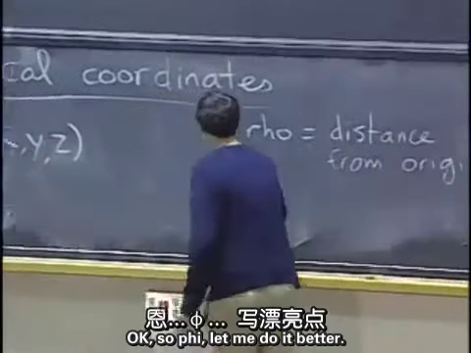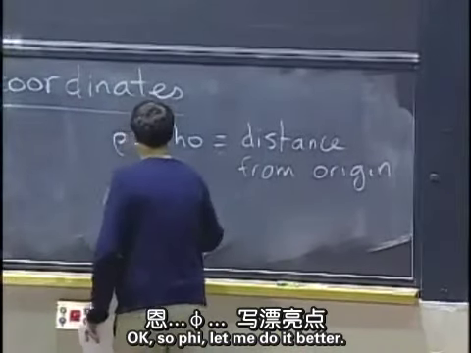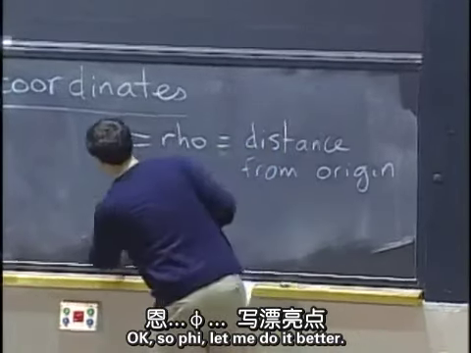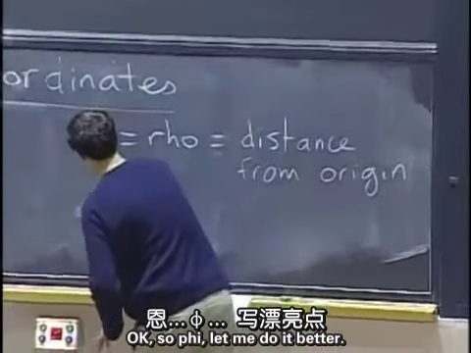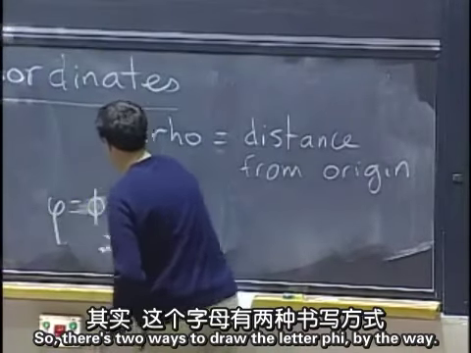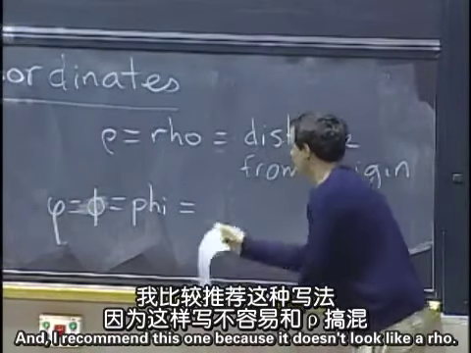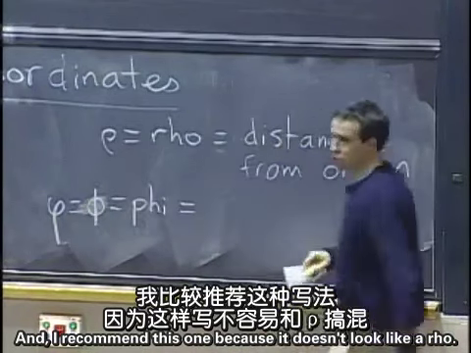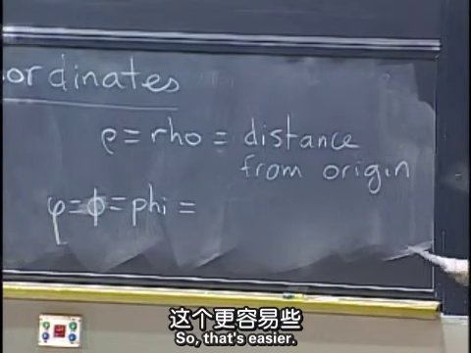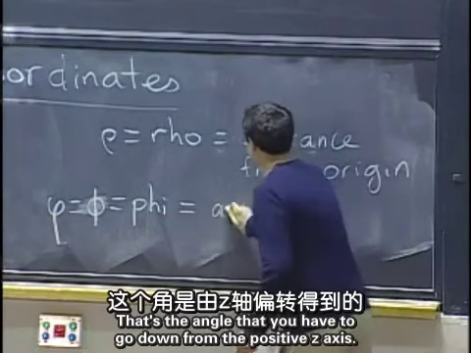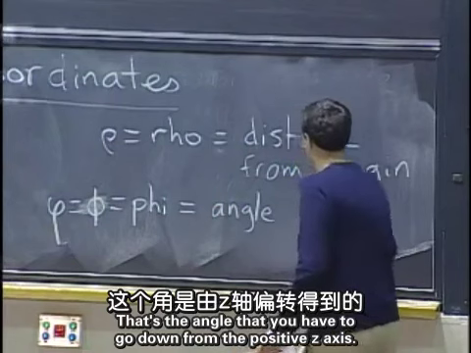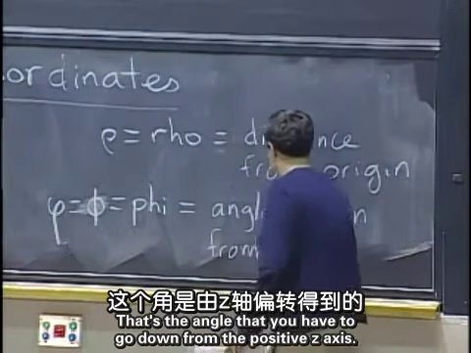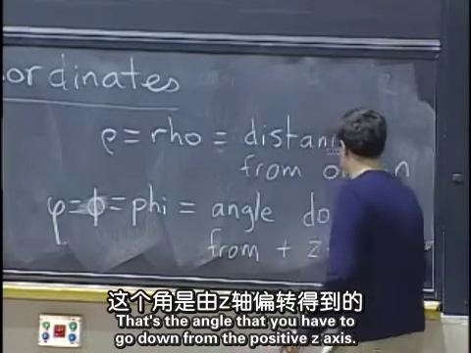Okay, so phi, let me do it better. There's two ways to draw the letter phi, by the way. And I recommend this one because it doesn't look like a rho, so that's easier. That's the angle that you have to go down from the positive z-axis.